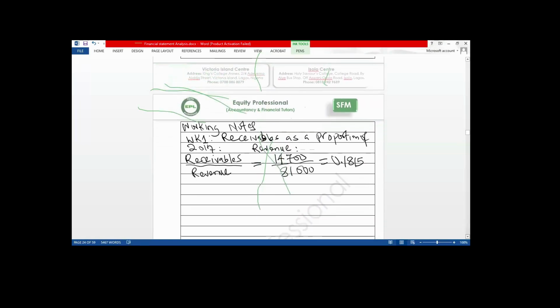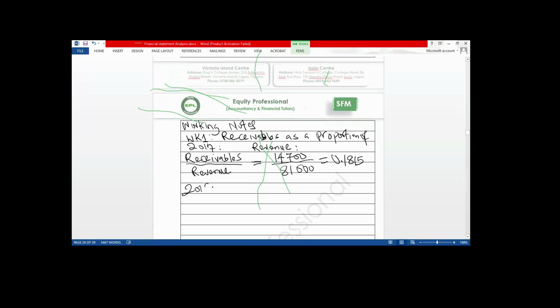This is the ratio of receivables to revenue. Examiner said this ratio will remain unchanged. We can use this ratio to forecast 2018.